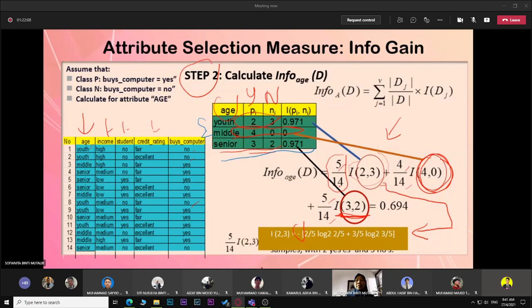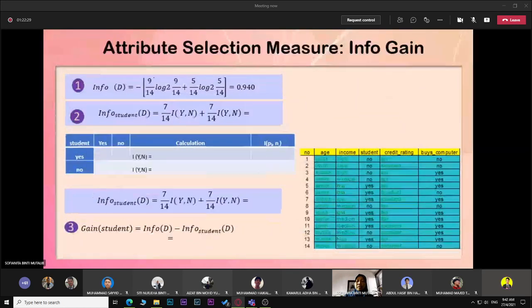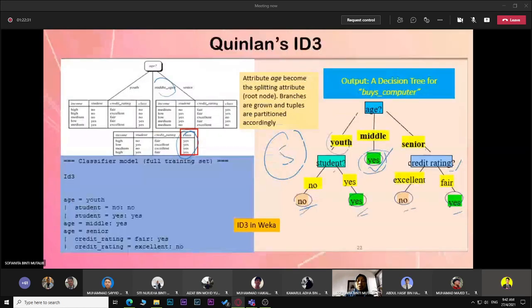Understand? So you will have like this lah. This is your youth middle, and also this is senior, and this is 6, this is 3, and this is 2, and this is 2. So you would have, rather than 3 branches, you might have like this lah, age, and then you have youth and middle, and this is senior.